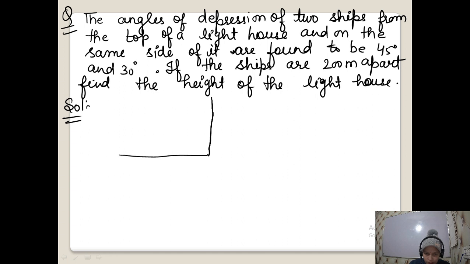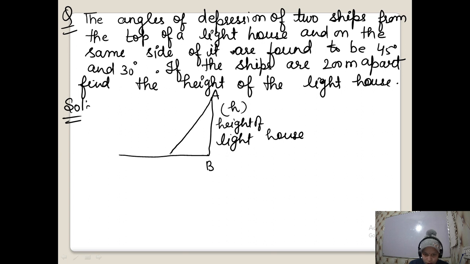This is the base and this is the perpendicular, and we can take here AB, that is the height of the lighthouse. From the lighthouse top to below this side, it makes a 45 degree angle, that is known as C, and its base we assume x meter.